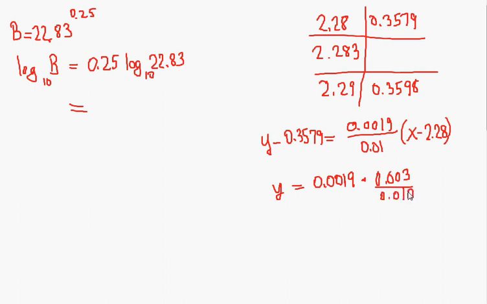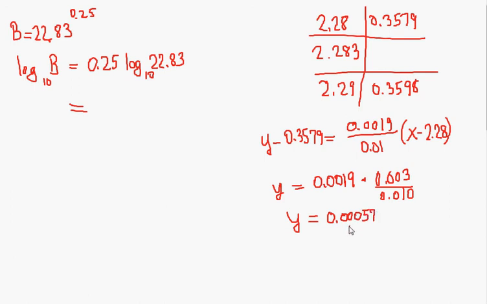So the answer is 3/10 of 0.0019. So multiplying this out, we get 3/10 of that would be 0.00057, just multiplying it out.